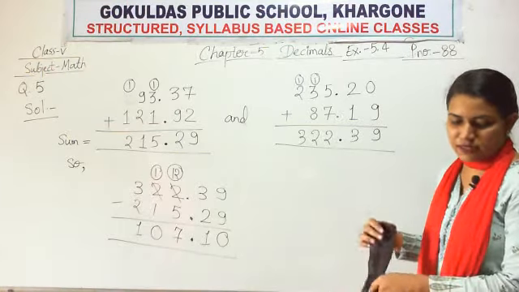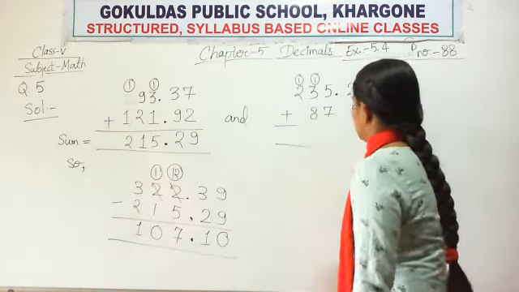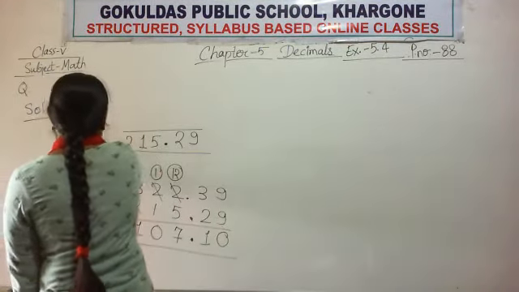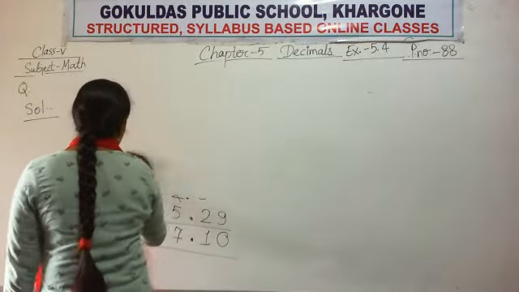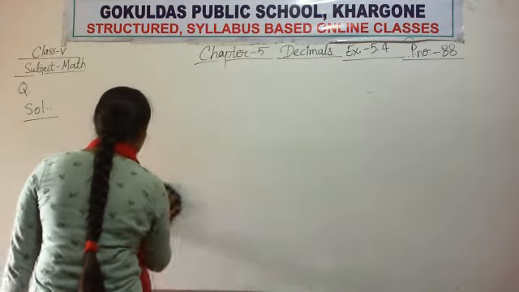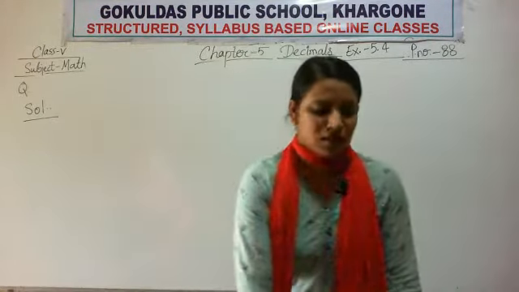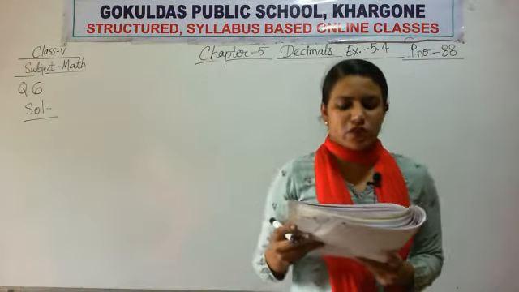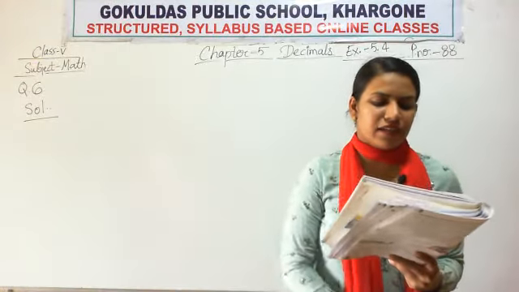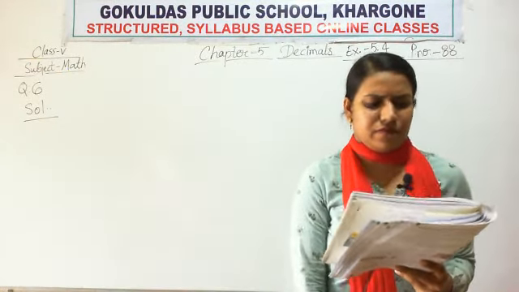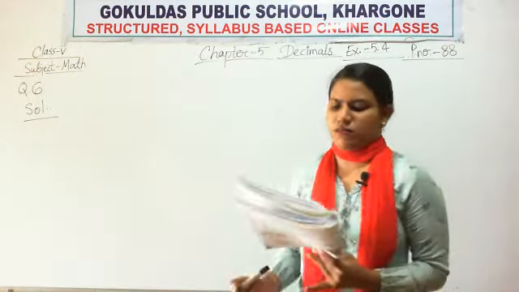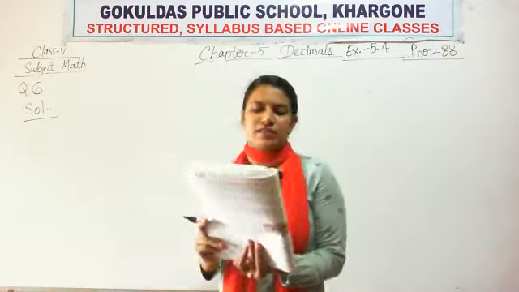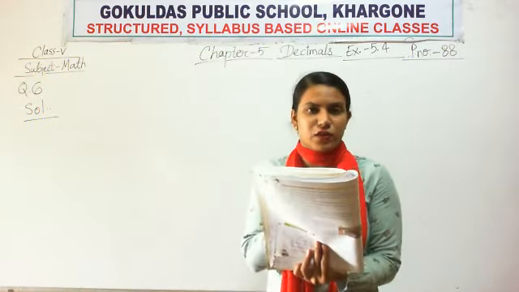Now question number 6. Question number 6 is: add the difference of 65.23 and... means your first task here is to find the difference of the first two numbers.